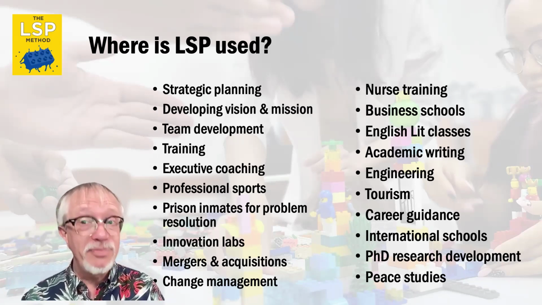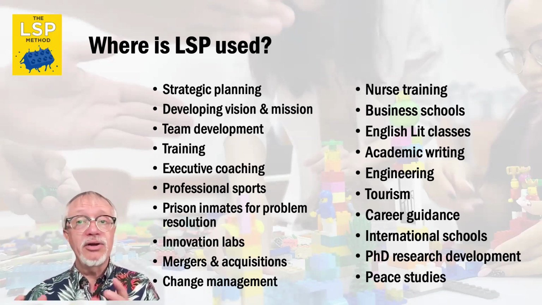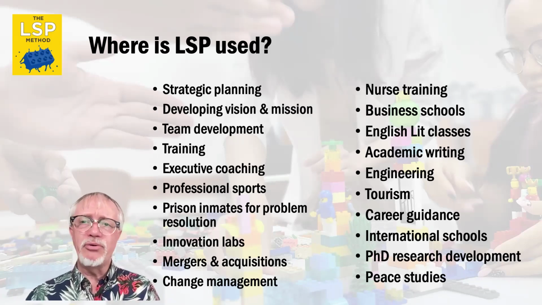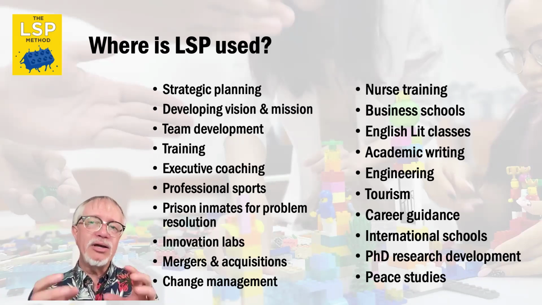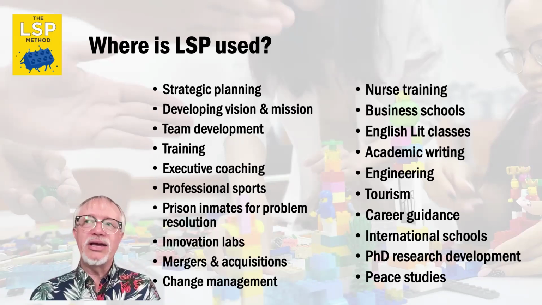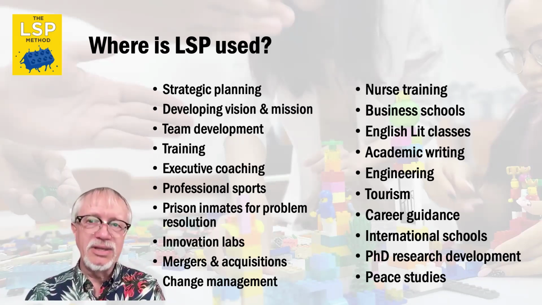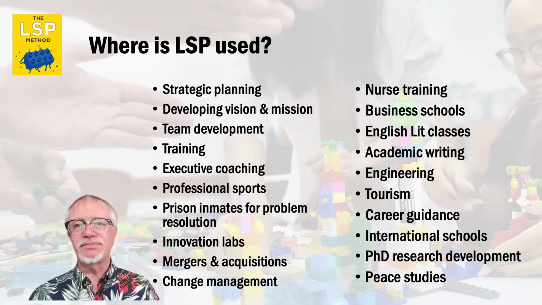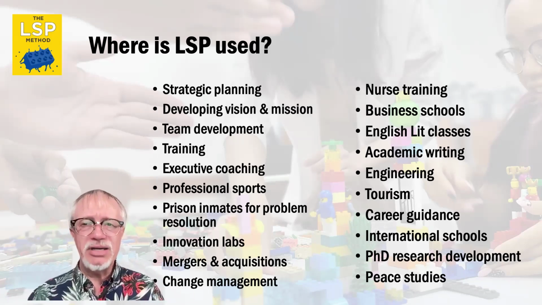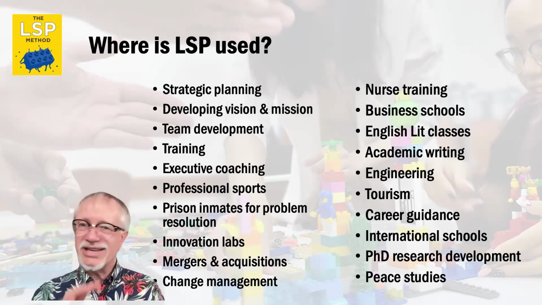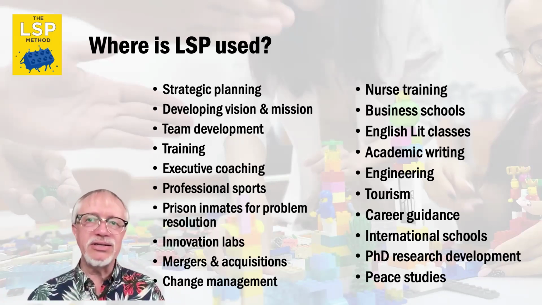Career guidance is a big area, where you work with the student in terms of imagining, having them build what they imagine their career to be or what they'd like to be doing in 5 years' time. By having them build that image of themselves at some point in the future, they're able to access some of the things that they may not immediately think of. But again, that's this thinking with their fingers.